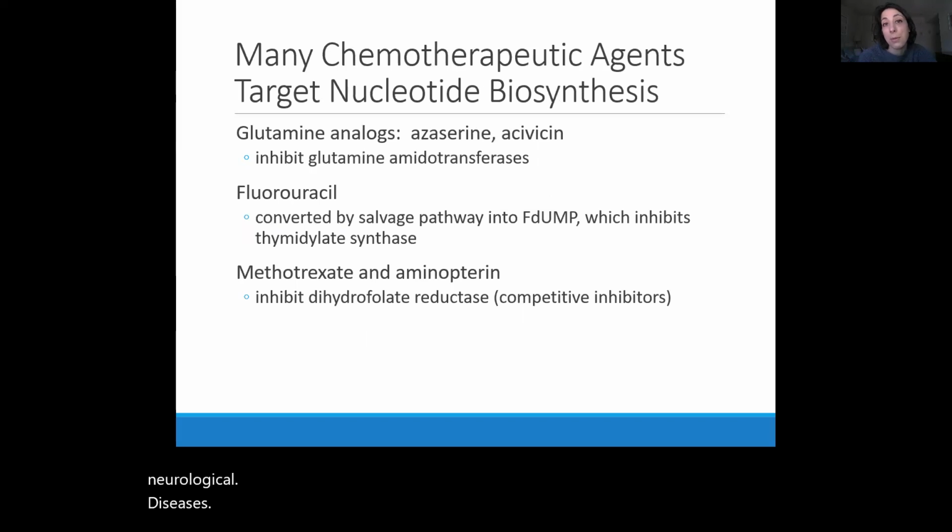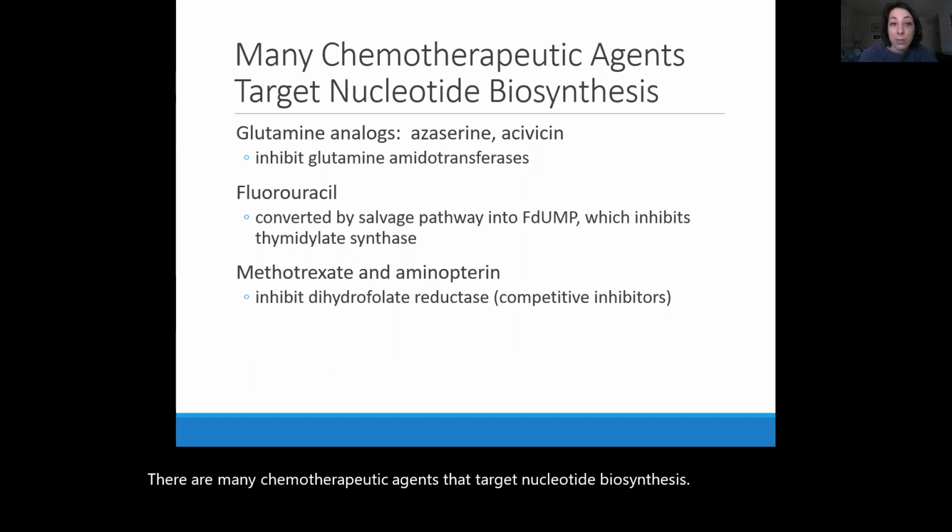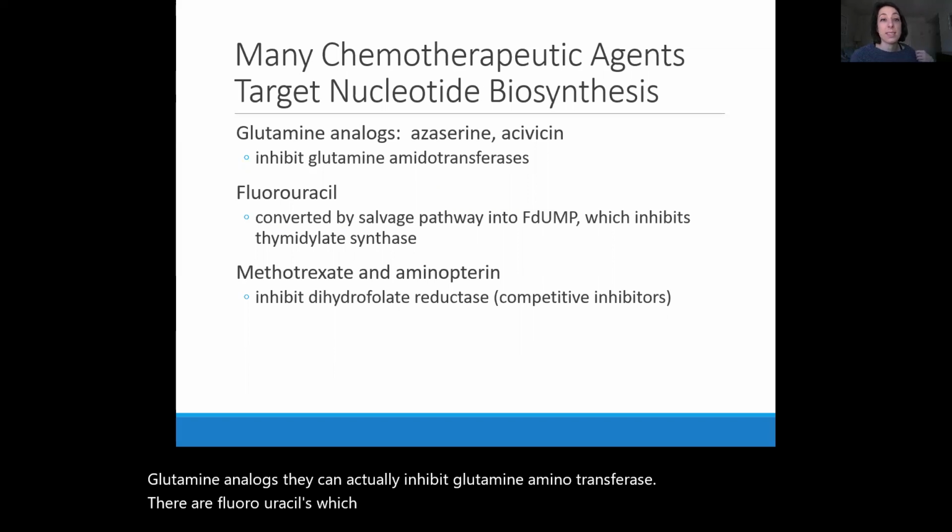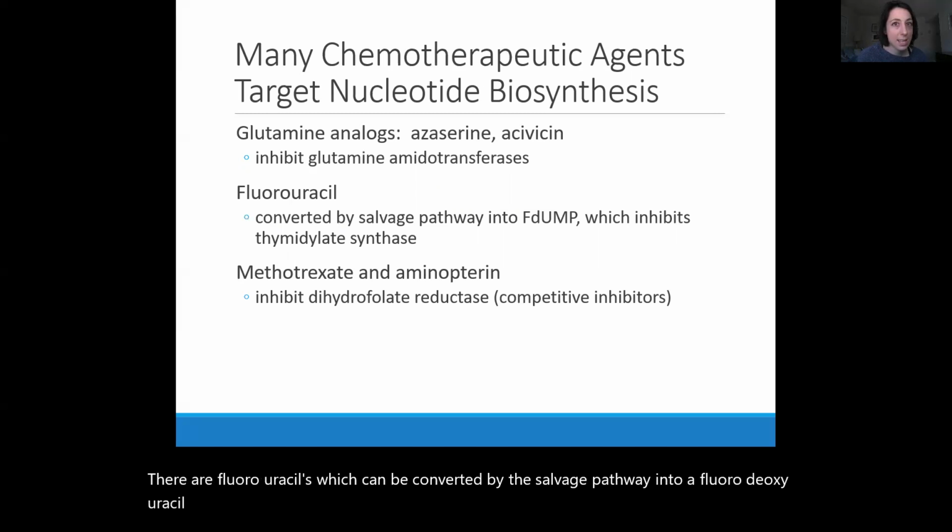There are many chemotherapeutic agents that target nucleotide biosynthesis. Glutamine analogs can actually inhibit glutamine aminotransferase. There are fluorouracils, which can be converted by the salvage pathway into fluorodeoxyuridine monophosphate, which actually will inhibit thymidine synthesis.